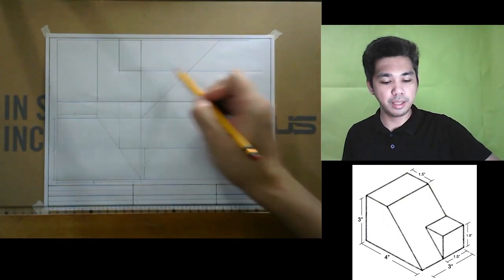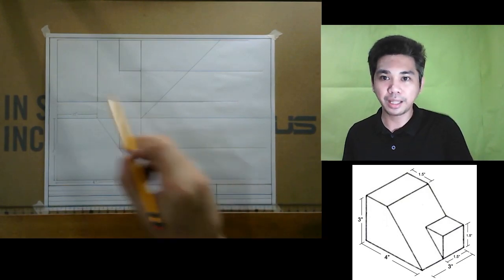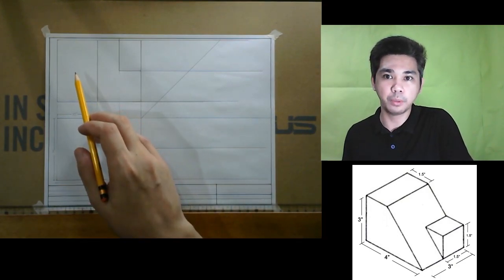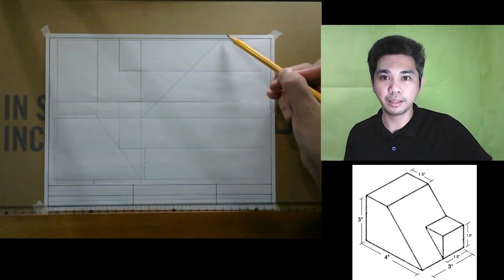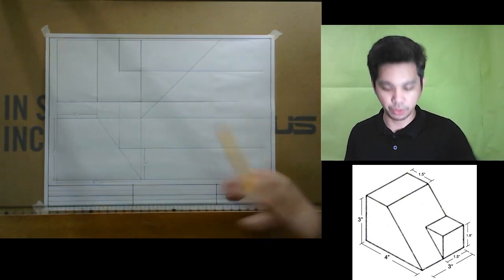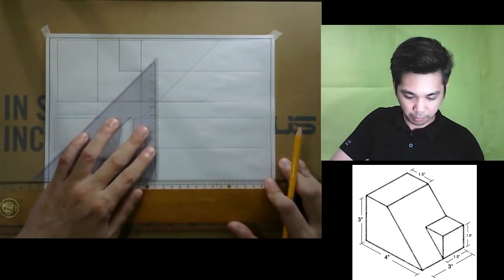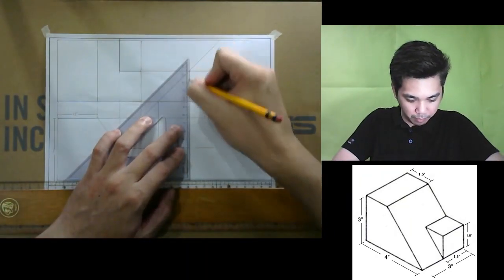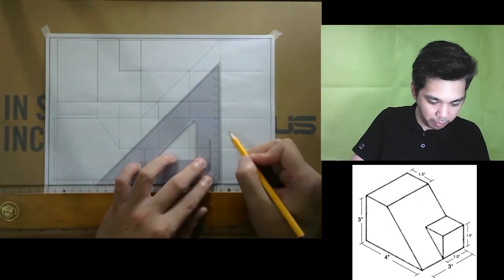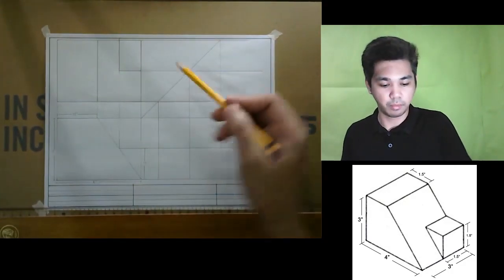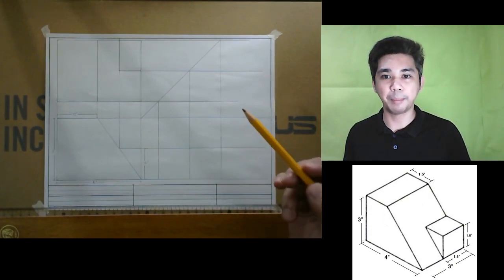You have projected these lines, and what should happen next? Every projected line from the top view that will hit the 45-degree line, you have to project them downwards. Let's see. Okay? So what should happen next?